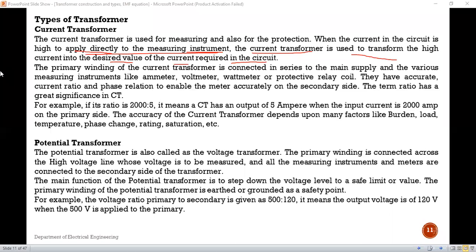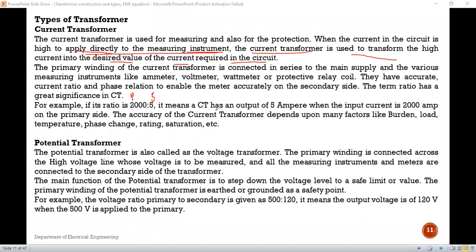See, for example, if its ratio is 2000/5, that means the primary current is 2000 ampere and the secondary current is nothing but 5 ampere. So the measuring instrument is able to read this value in between 0 to 5 ampere.